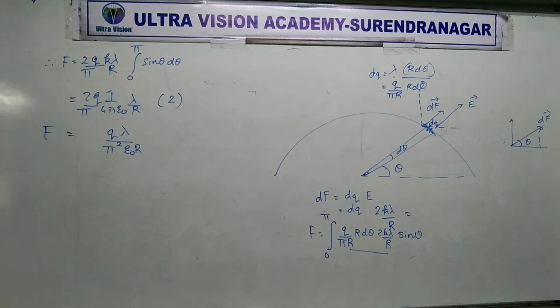Yes, electric field lines point from higher potential to lower potential. Yes or no? Yes. Okay, so what would be your answer? D. Correct. D. Because you see B is on such a side that electric field lines are coming from B to A. So B is at higher potential and A is at lower potential.